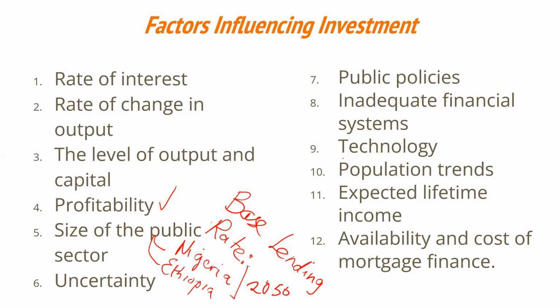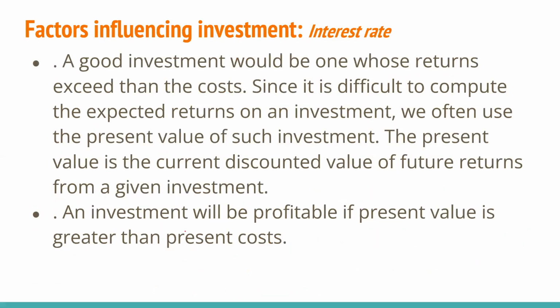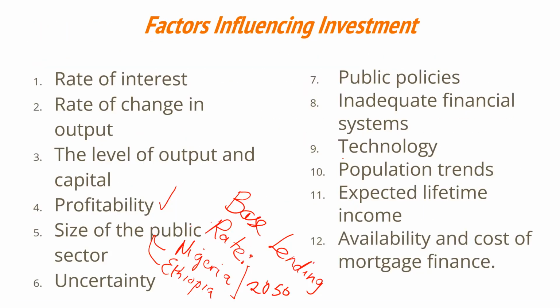But if you think about these two countries being the two biggest in terms of population, then it starts making sense when you talk about the size of the public sector influencing investment, because this big population will always be acting as a magnet to investors, and especially the foreign investors.